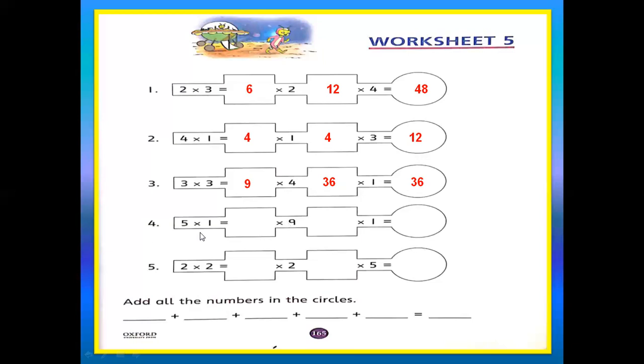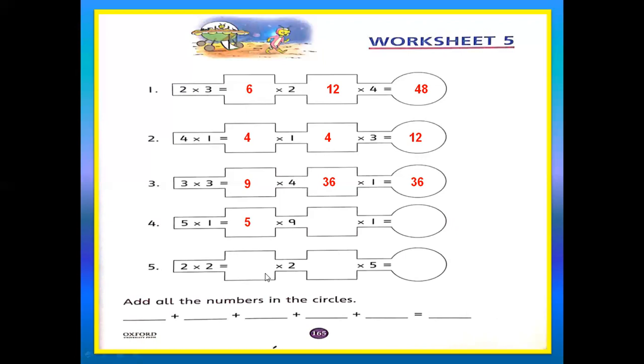Number 4, 5 multiply 1, 5. And now we multiply this answer with 9. So now 5 multiply 9. Read table of 5. 5 ones are 5, 5 twos are 10, 5 threes are 15, 5 fours are 20, 5 fives are 25, 5 sixes are 30, 5 sevens are 35, 5 eights are 40, 5 nines are 45.